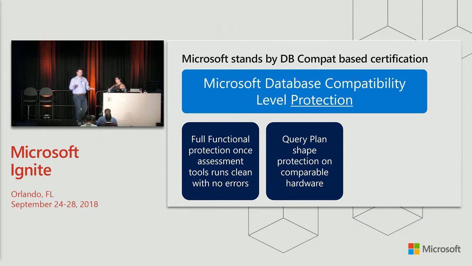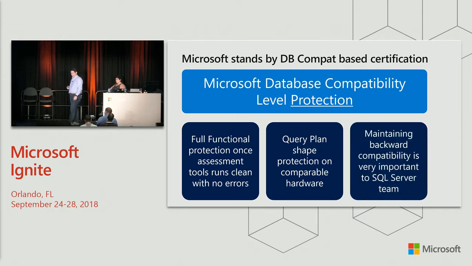So we protect you against that, which means that if you keep your database in the same source compat level for whatever time it needs for you to move onwards, then you are protected against that, meaning you can modernize your SQL Server platform either to a newer version of SQL Server or Azure SQL DB MI, for example, and still keep the source compat level, which means that you are protected against the risk of regression from that.